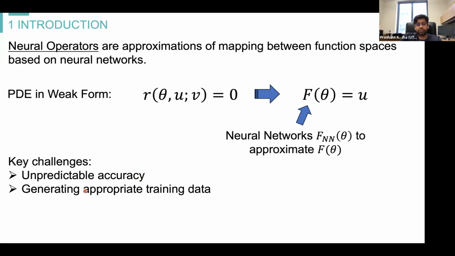The other limitation, which is also a limitation with any surrogate model that we develop, is generating appropriate training data. So imagine solving a topology optimization problem, and a priori you don't know what the optimal model parameter will be as a solution of that topology optimization problem. And therefore, a priori you cannot generate training data that is representative of those optimal solutions.